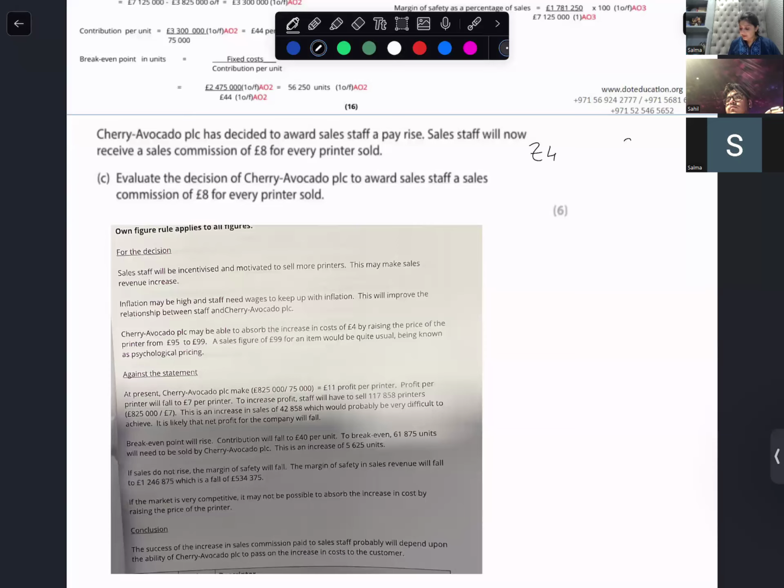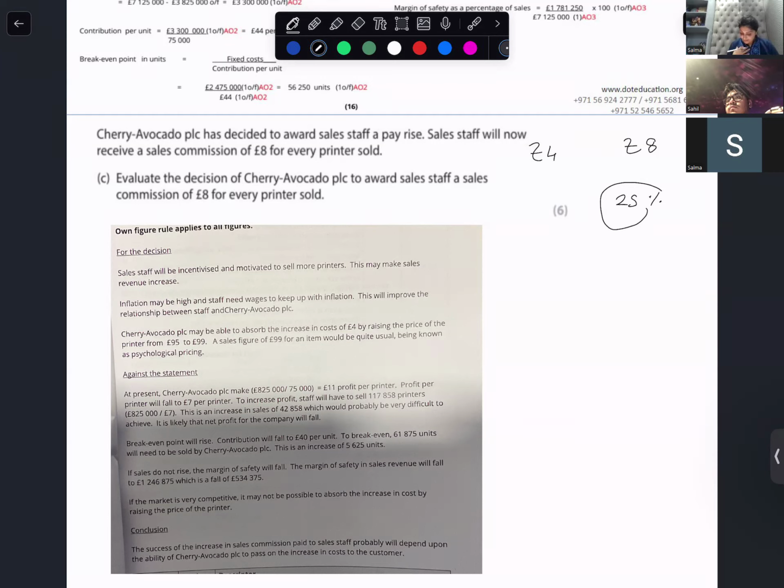Now they want to give £8. And you are how much safe? 25% safe. So you want to increase your sales and you want to give more commission. If you're giving more commission, you should realize that your variable overheads are going to increase.